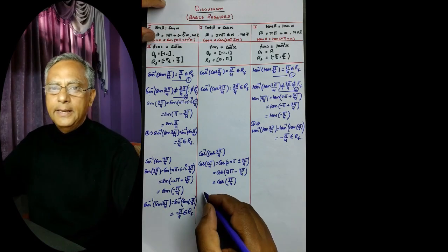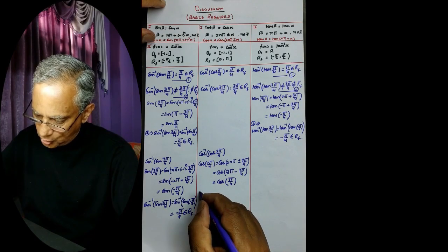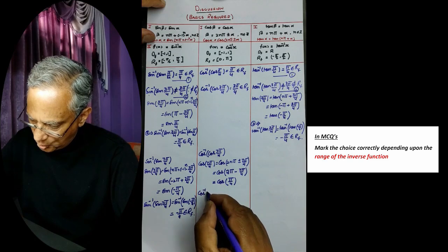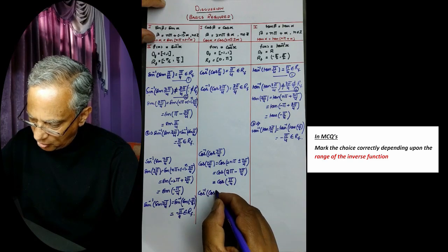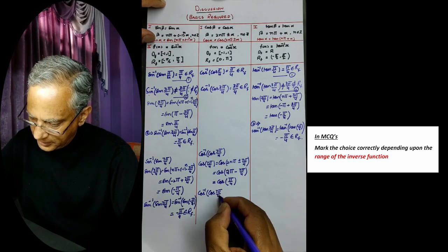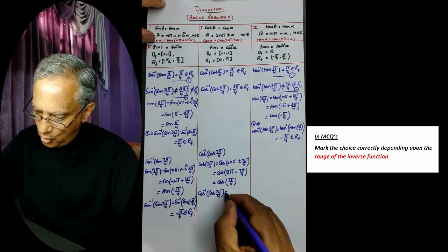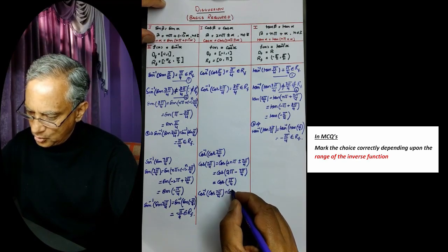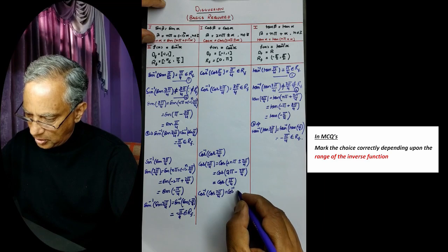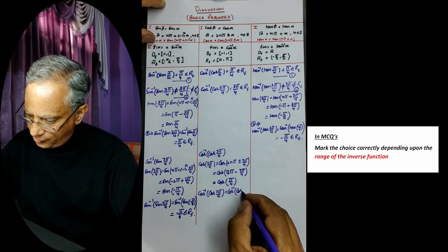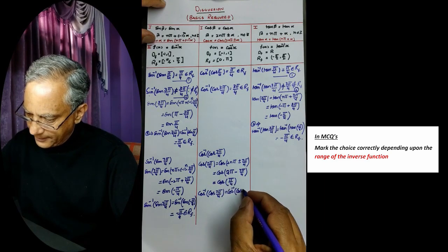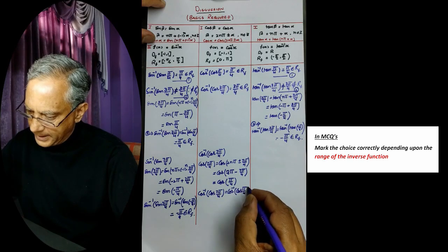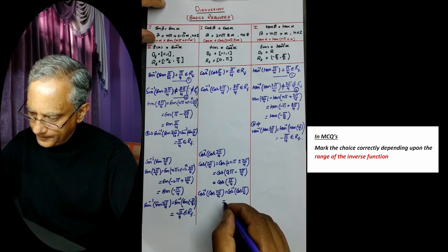This is within the range. So cos inverse of cos 7 pi by 4 is equal to cos inverse of cos pi by 4, which gives pi by 4.